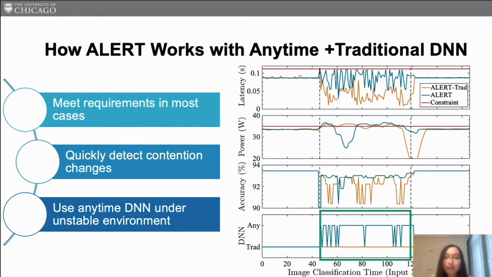Alert is able to achieve high accuracy before the deadline. Overall, Alert is conservative in volatile environments and aggressive in stable ones. We also evaluate each component of Alert separately to show the effectiveness of our design. Please check our paper for more details.